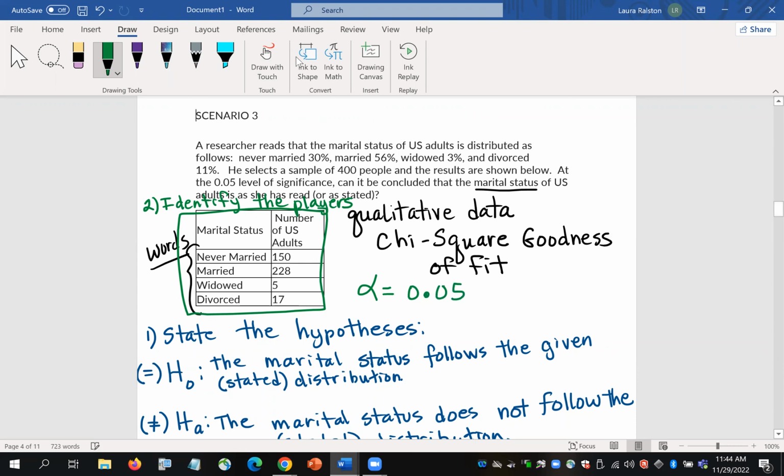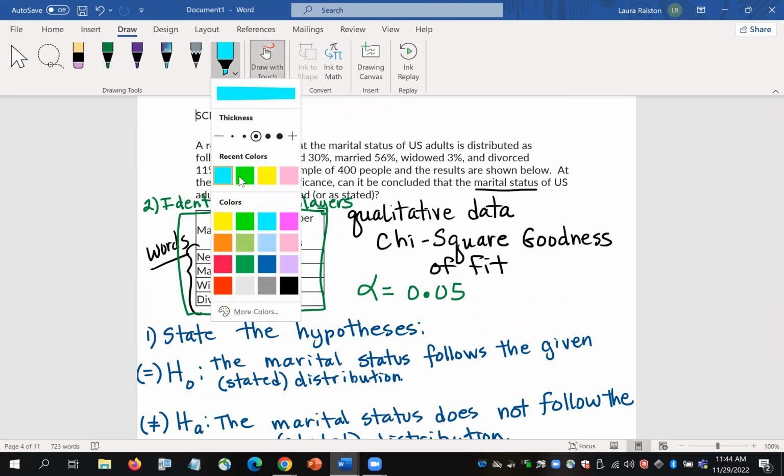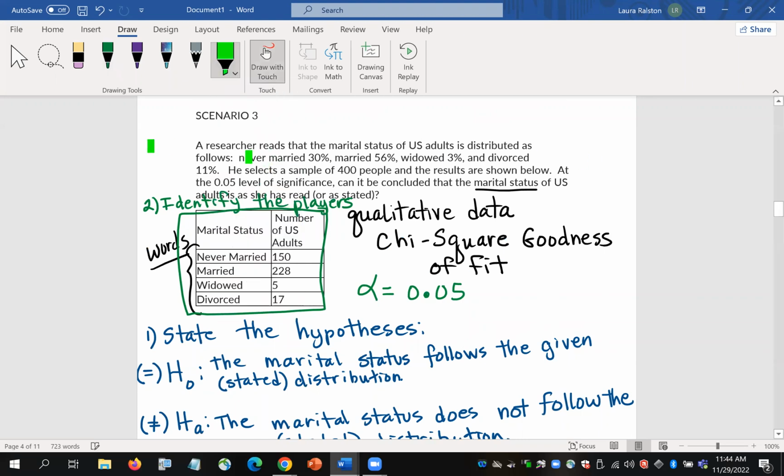And we need the distribution that is given. So we need to know these percentages. You can actually add another column to that table. Let me write down those percentages real quick, because I didn't do that earlier.